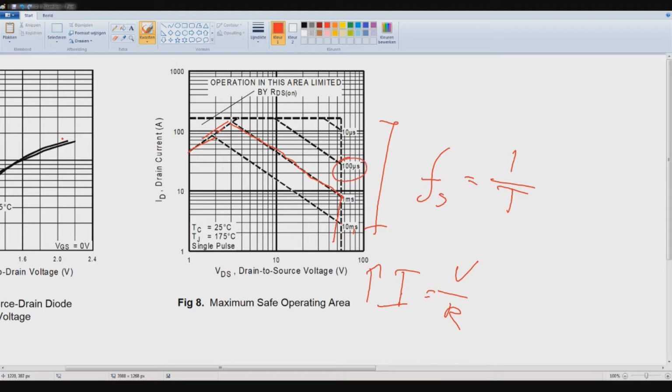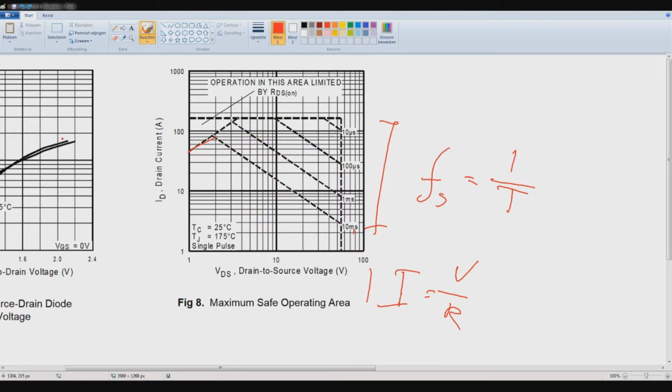So then again we decrease the pulse time and we have an even greater area where we can operate safely. This area is still restricted because the current is too high for the voltage. For example, this over here, it won't do, because it probably will do, but it's not safe to do.